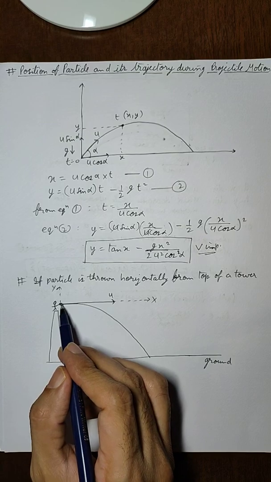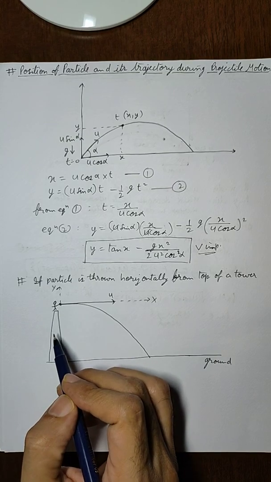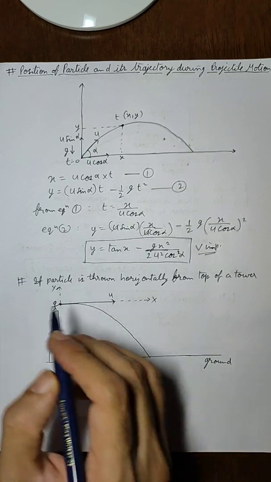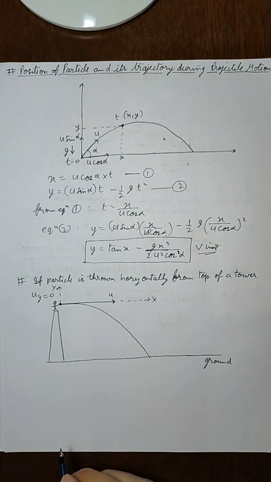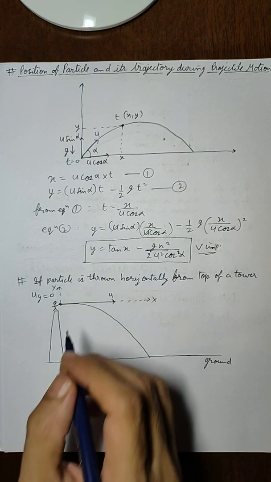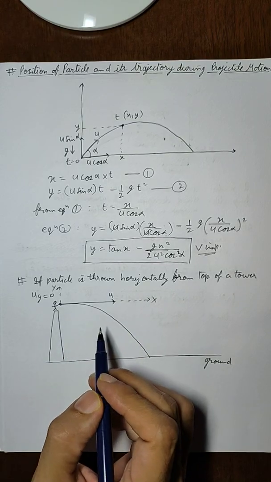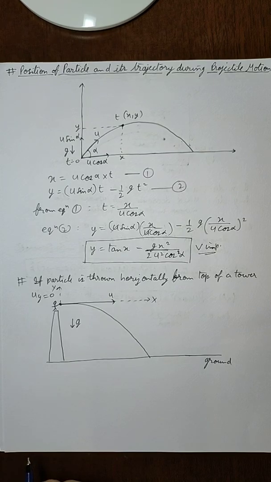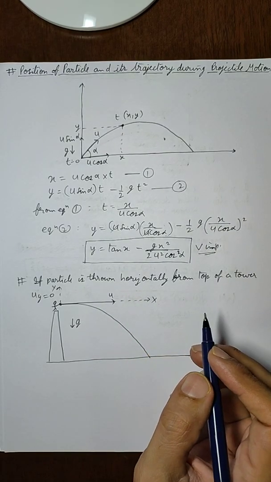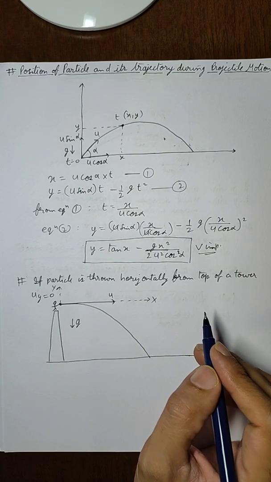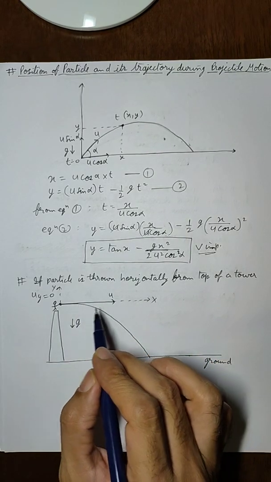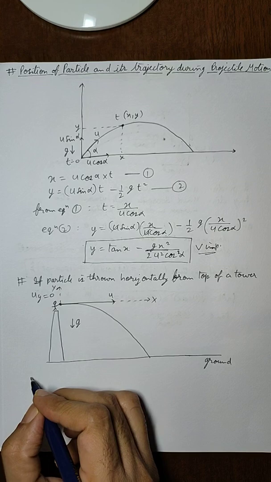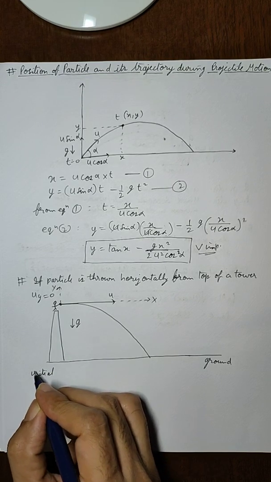If we treat this point of projection as the origin, then the entire initial velocity will be in the horizontal direction only, and in the vertical direction we can say that uy is equal to 0. Now as the body is proceeding on this trajectory, acceleration due to gravity will act downward, and we can say that throughout the motion the velocity in the horizontal direction remains u. We know that in the horizontal direction there is no acceleration, so we can write here all the information that we need.